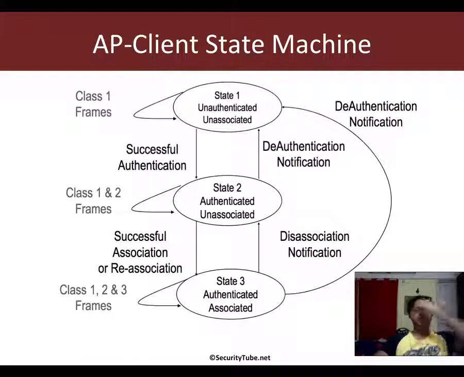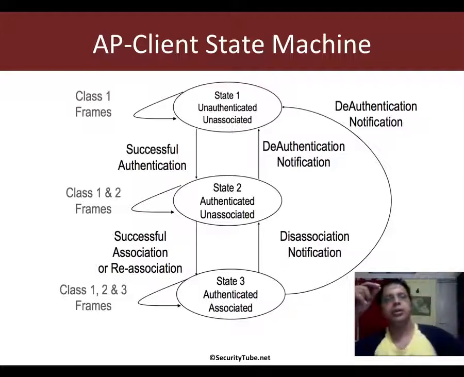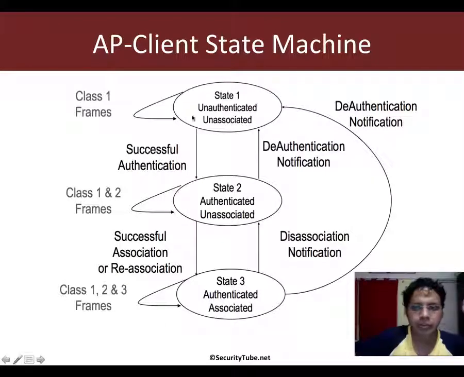So this brings us to a very interesting discussion on state machines in wireless. If you notice, the client and access point were actually going from one state to the other. In the beginning, when there were just probe requests going out, they were unauthenticated and unassociated, right? The first step after discovery using probe requests and probe responses was authentication.